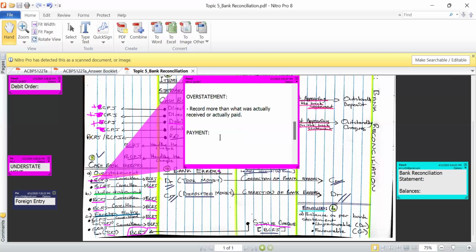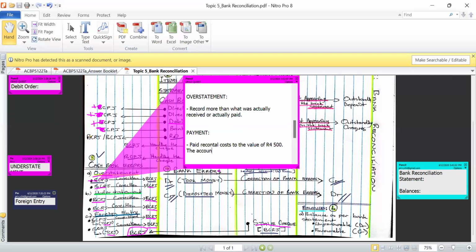I'm going to give you a transaction. Paid rental costs to the value of 4,500 rands.